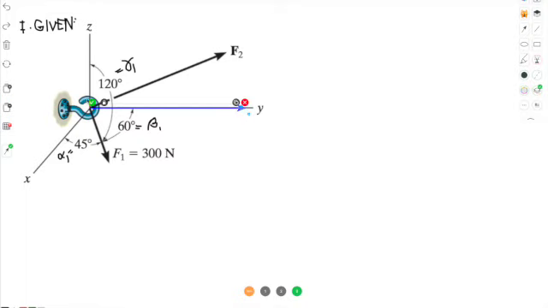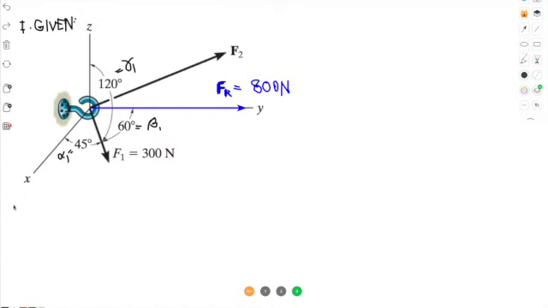So this is our resultant here, let's call that F sub r, and it's having the value of 800 newtons. That's our condition. Okay, so our resultant is just lying in the y direction. It doesn't have an x component, it doesn't have a z component.